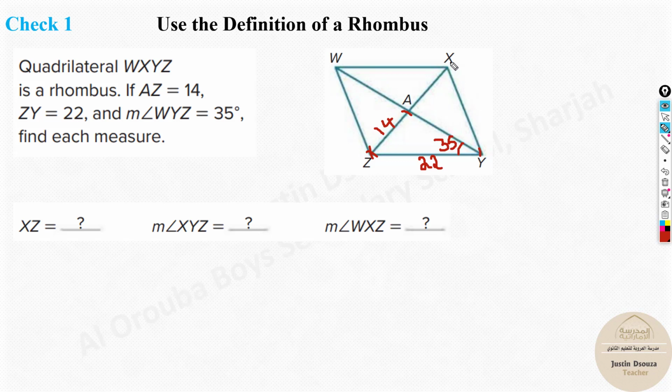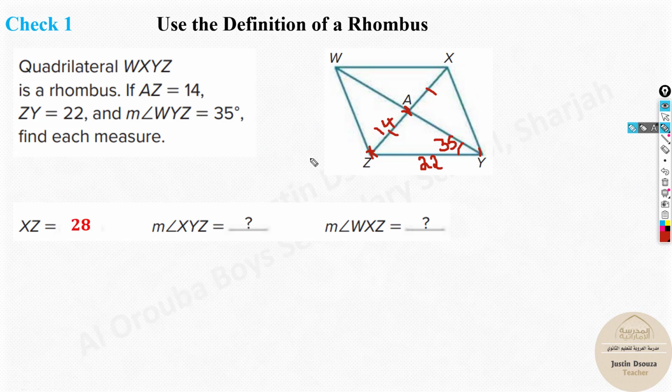Where is XZ? XZ is this. If we know half of it is AZ, we should just multiply this by 2. Why? Because they have told it's a rhombus, so then this will be twice. This and this are equal, right? So 14 times 2 or 14 plus 14, it's 28. So the answer is 28 over here.